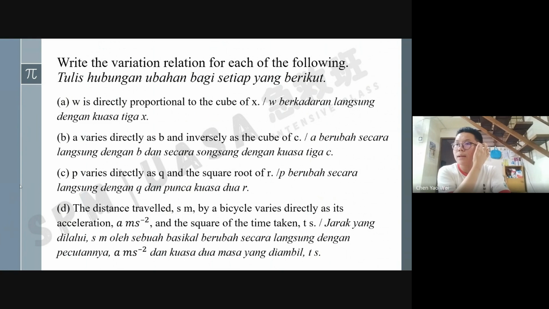Okay, W. I see directly. Put the proportional sign first. And then X. There's another thing, there's a cube, so I put X cube. And then I write it back again, and I will get the answer: W proportional to X cube.